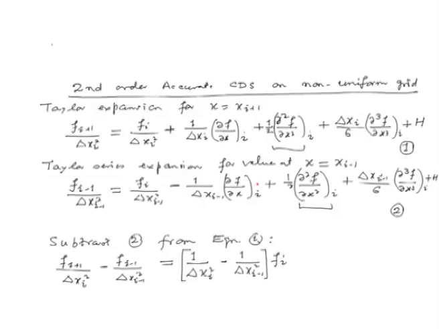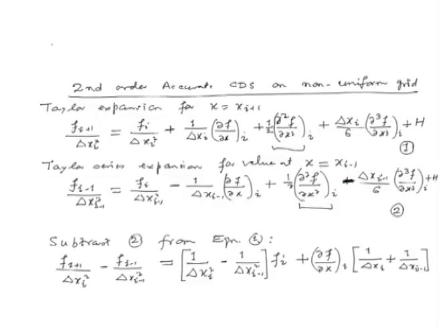Similarly, for the second term, let us take del f over del x common. So, del f over del x at point i, and we are left with 1 over delta x_i plus 1 over delta x_{i-1}. Sorry, there is a small correction here, this term has to be negative.